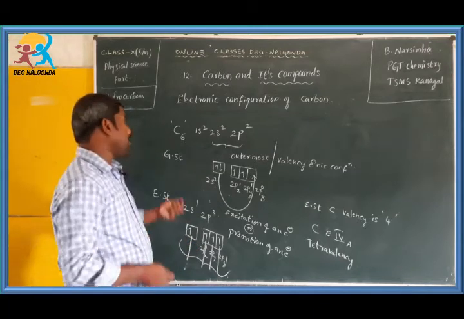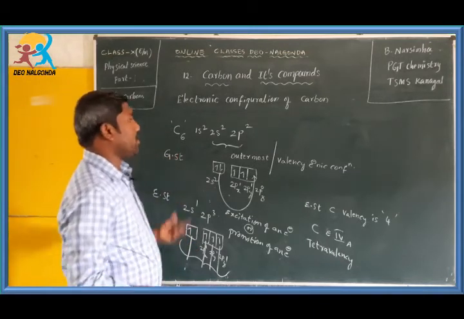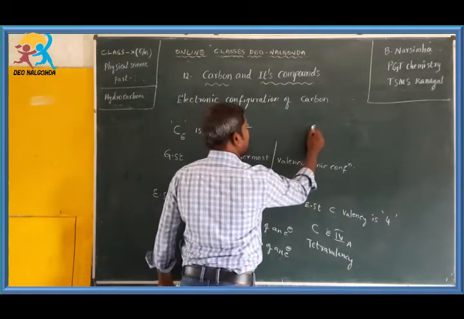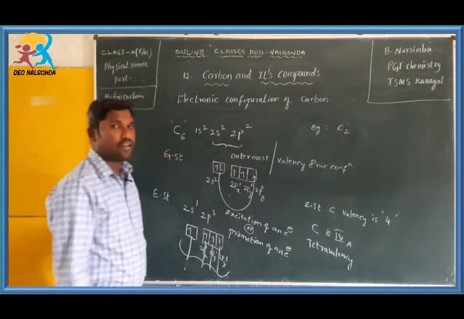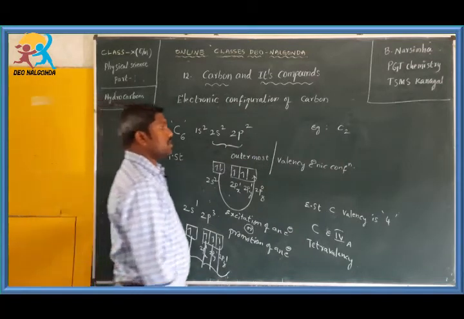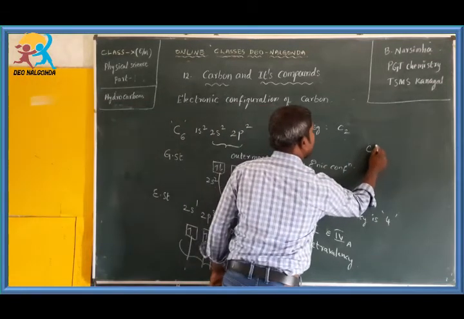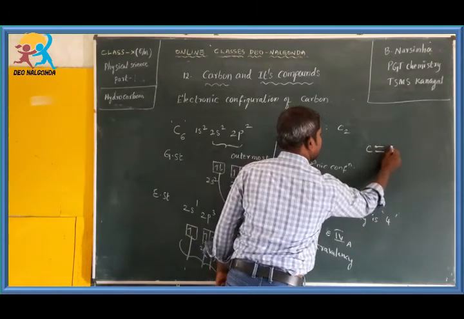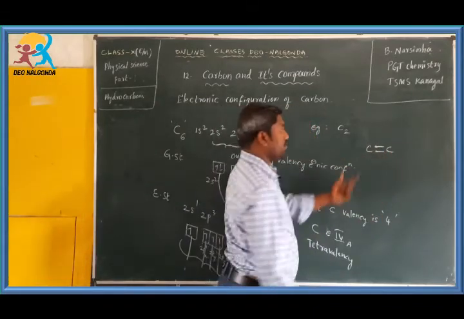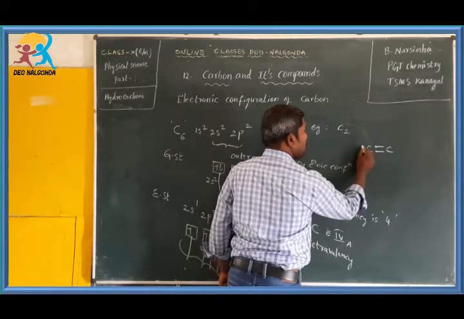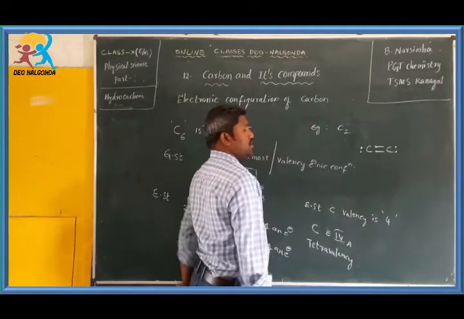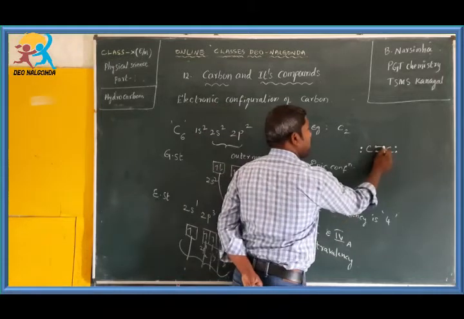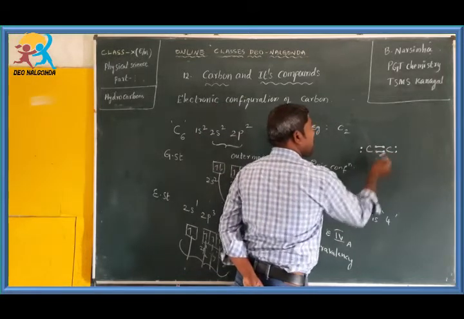The best example of carbon in the ground state electron configuration is the C2 molecule. Look at the structure of C2. Two bond pairs of electrons are shared between two carbon atoms.